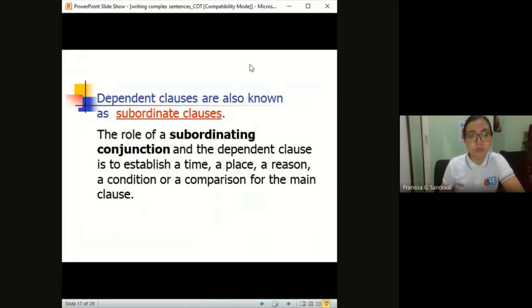The role of a subordinating conjunction and the dependent clause is to establish a time, a place, a reason, a condition, or a comparison for the main clause.